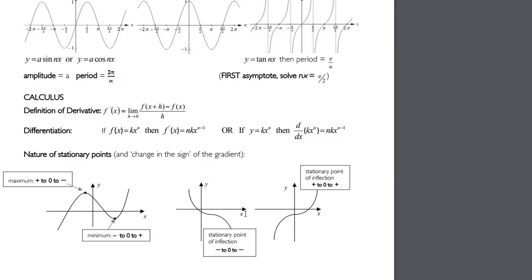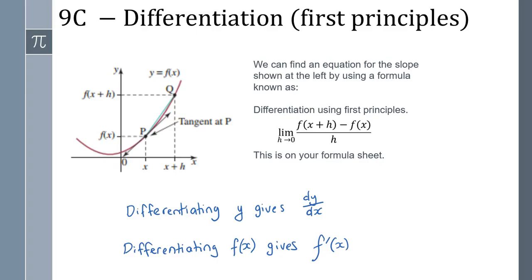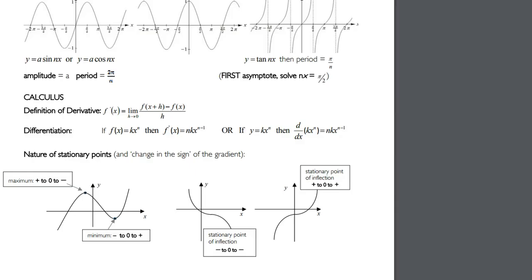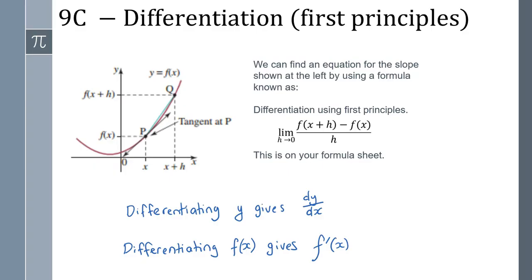They both do the same thing, but questions ask for a specific method, so you need to be able to do both. So let's try it. Okay, so first principles, I've got my formula there that's straight off the formula sheet. Okay, and I'm going to use it to differentiate.